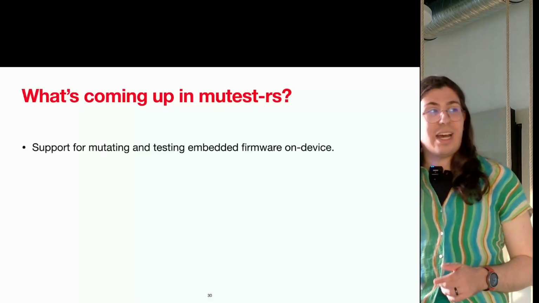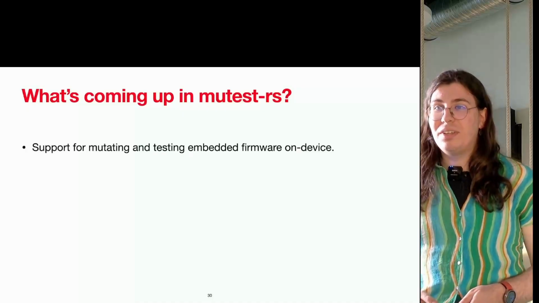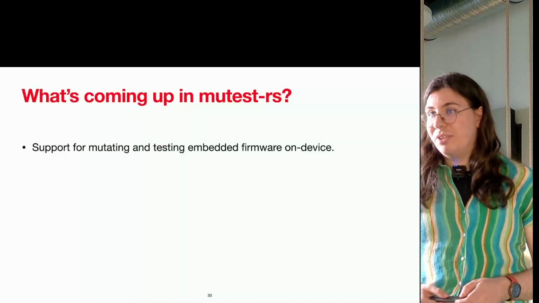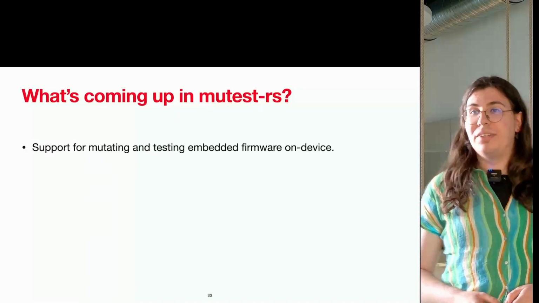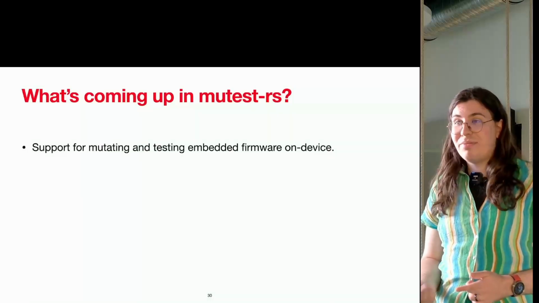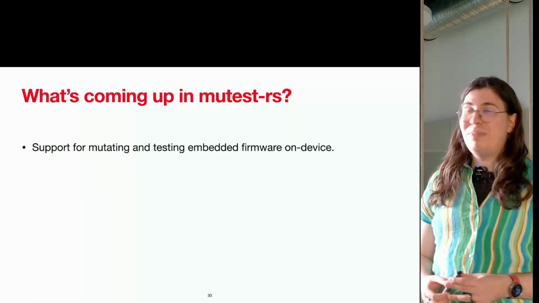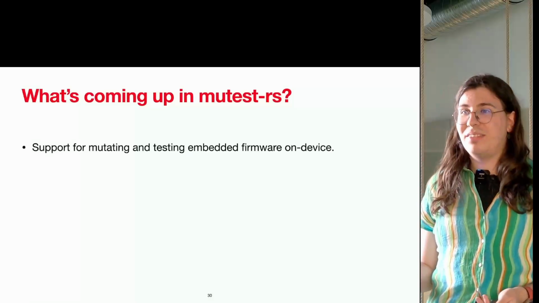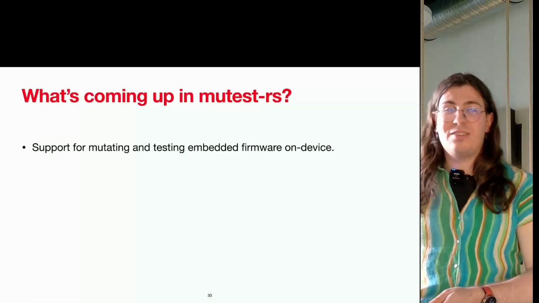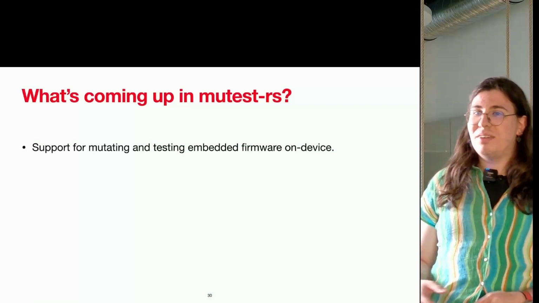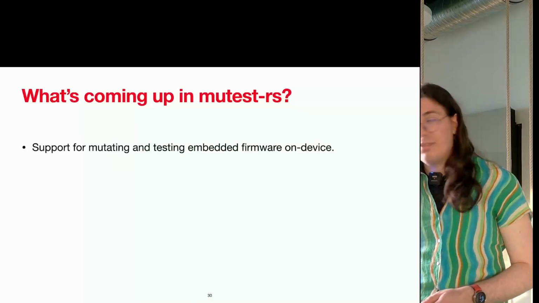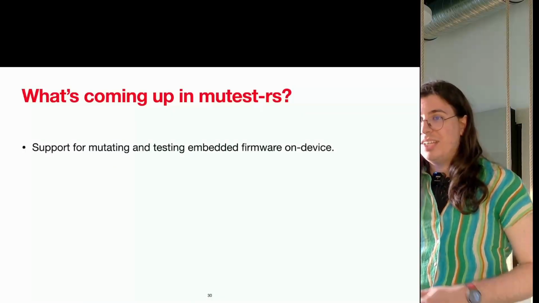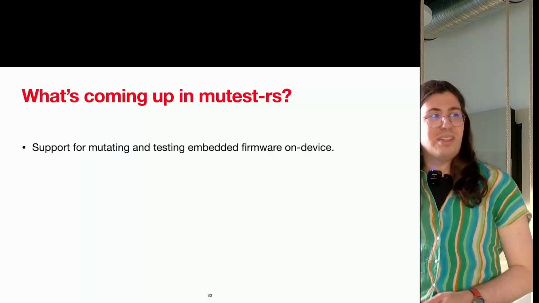So if you're doing any kind of embedded IoT development, mutest-rs should be applicable in just the same way as it is for regular desktop applications. And in fact, this extends to being able to distribute mutation testing across multiple chips at the same time. So if you connect multiple of these IoT boards to the same machine, it's able to distribute the test amongst them.